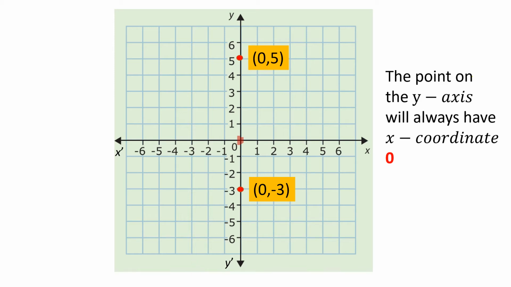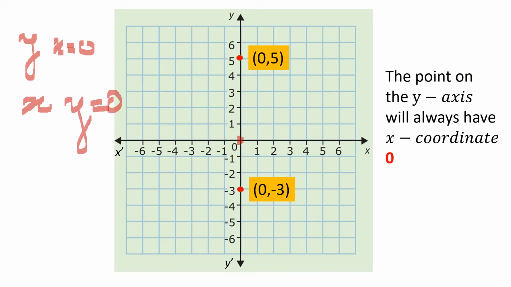And whenever a point is on the x-axis, the y coordinate will be 0. That you have to remember, okay? Whenever a point is on the x-axis, the y coordinate will be 0, and whenever a point is on the y-axis, then the x coordinate will be 0.